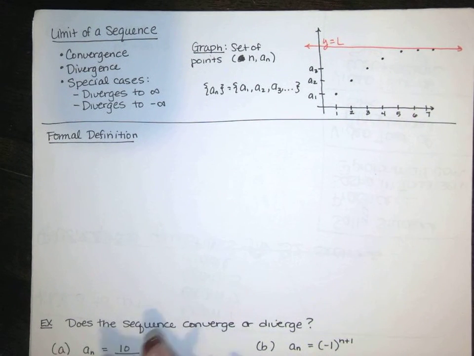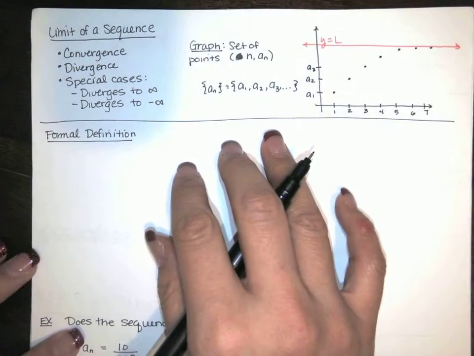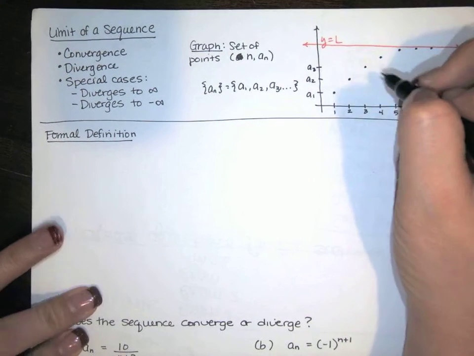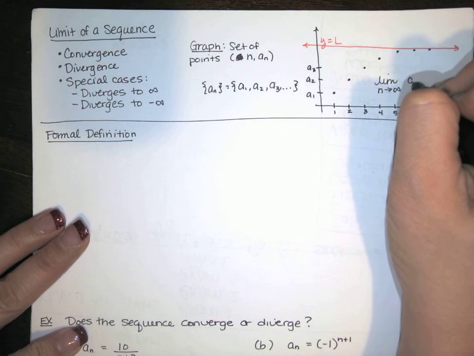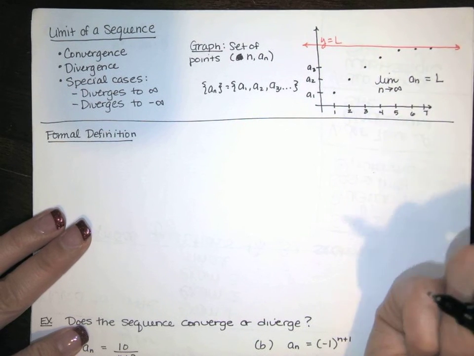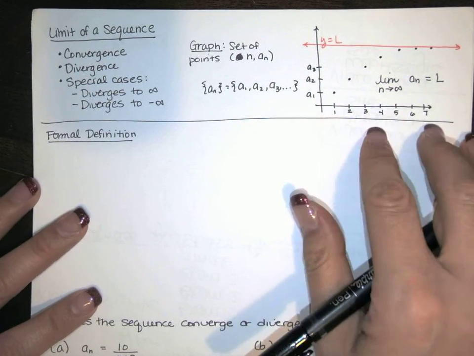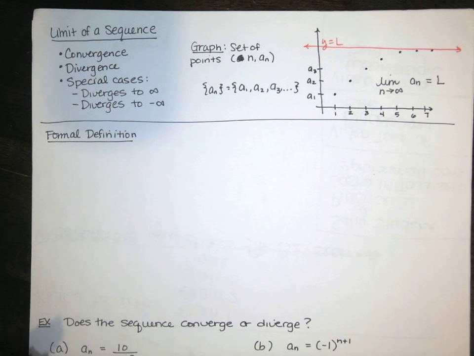In that case, we say that this sequence a sub n has a limit of L, and we write it this way: the limit as n goes to infinity of a sub n equals L. The limits that we're going to be computing in this section are very similar to limits at infinity that you studied in Calculus 1. We're just thinking about it a little differently.